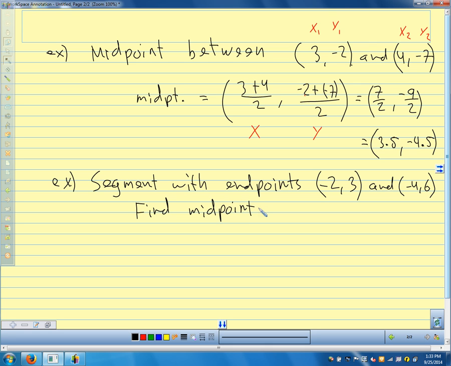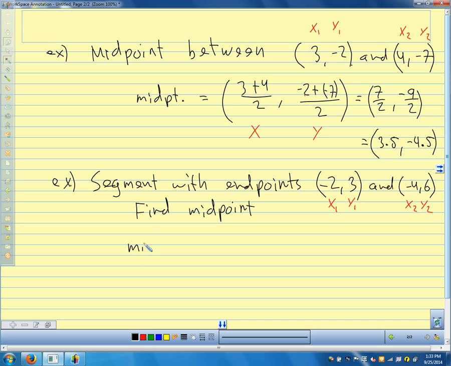So anytime we have coordinates like this and we're finding the midpoint, we're going to be using our midpoint formula. So we go through this procedure again. I'm going to label this one x1 and y1, x2 and y2. Doesn't matter which one is 1s or 2s, as long as the 1s stay together and the 2s stay together.